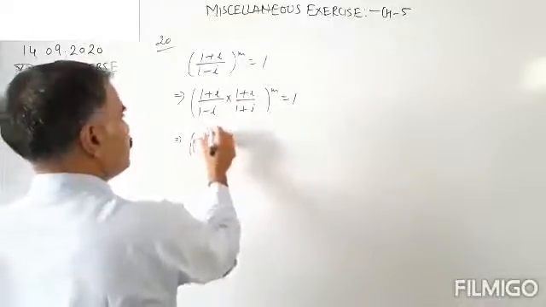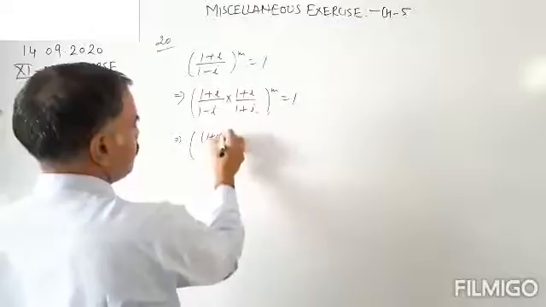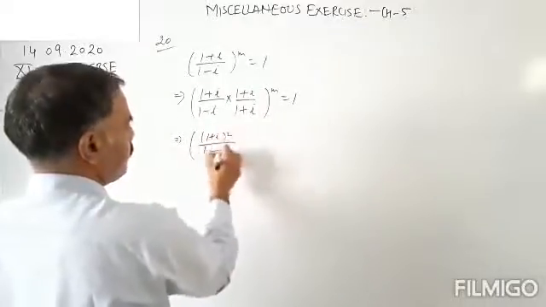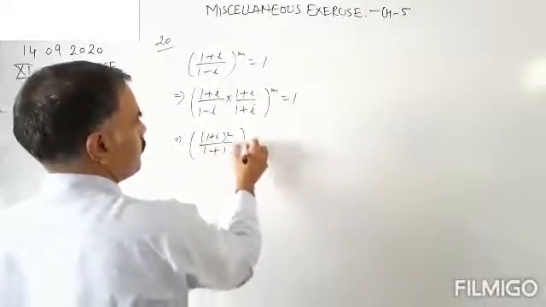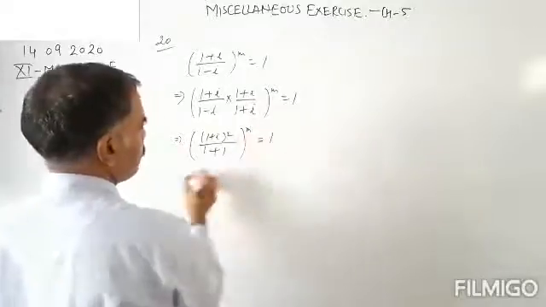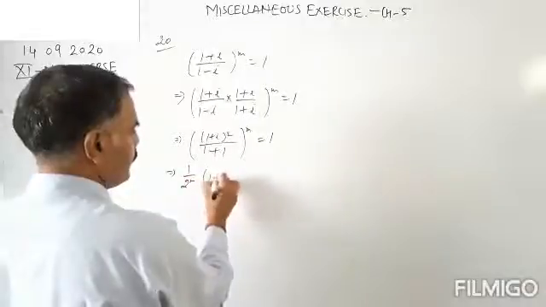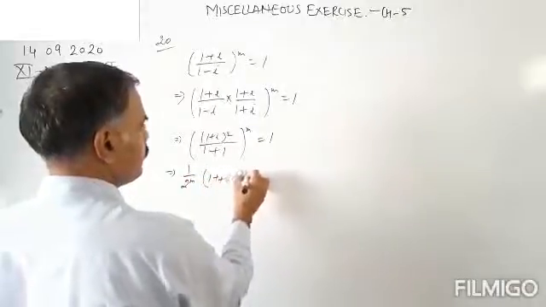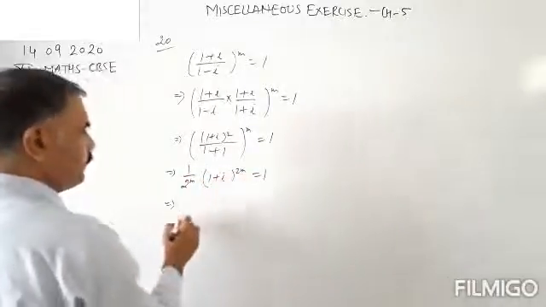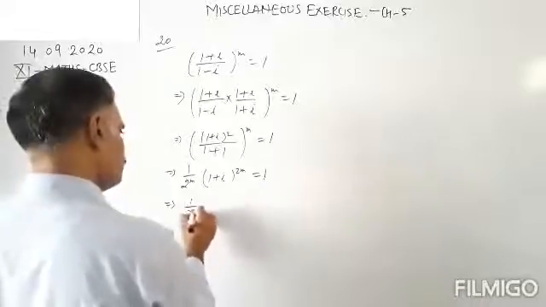Okay, so (1 plus iota) square upon (1 minus iota)(1 plus iota), that is 1 plus 1, to the power m equals 1, means (1 plus iota) to the power 2m upon 2 to the power m equals 1.